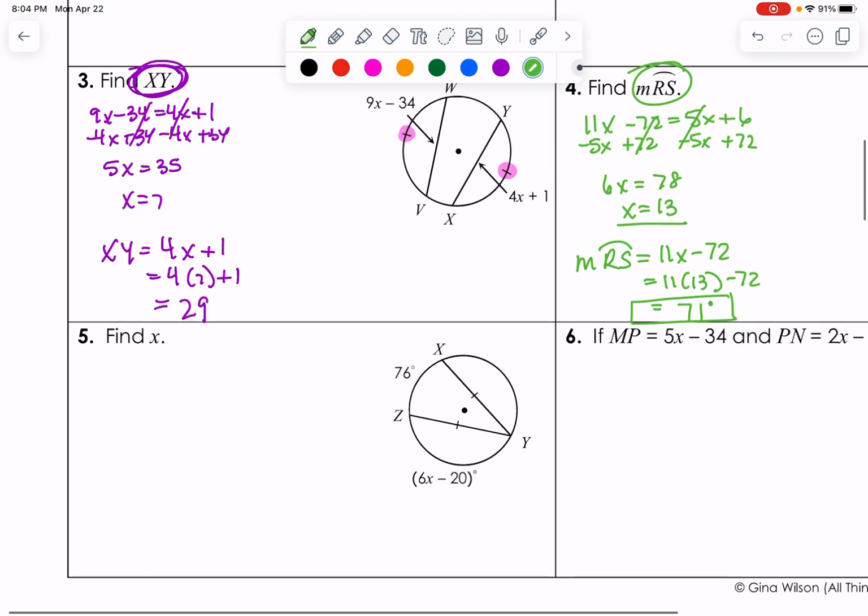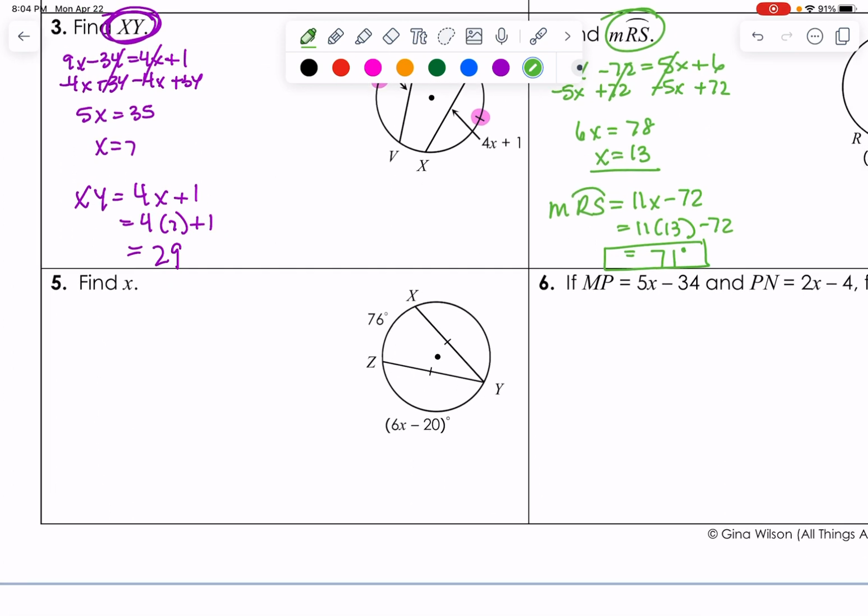So now let's look at number 5. Now this one's not harder, you just have to apply what we've talked about. I told you that these two chords were congruent. That means that these two arcs have to be congruent. So what does congruent mean? Congruent means the same. And in this case, the same is an algebraic expression.